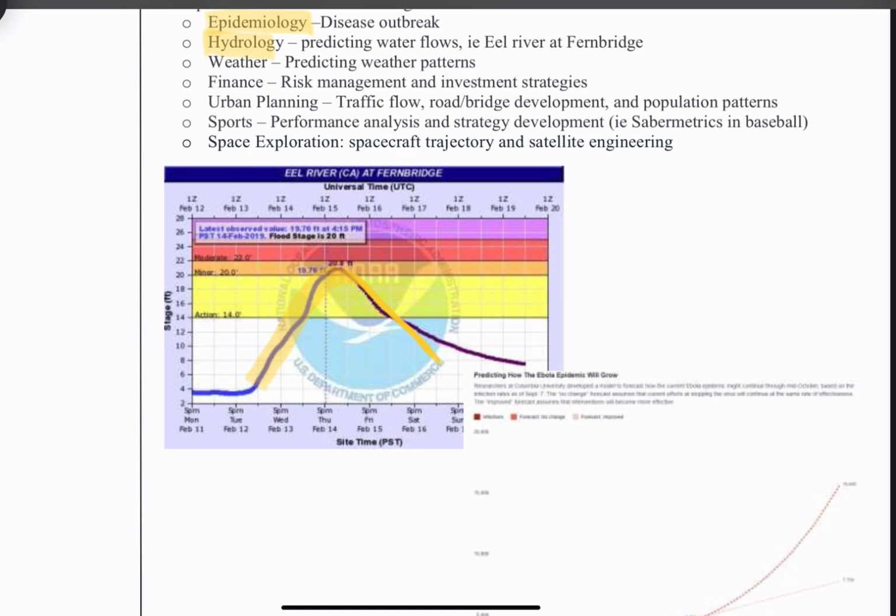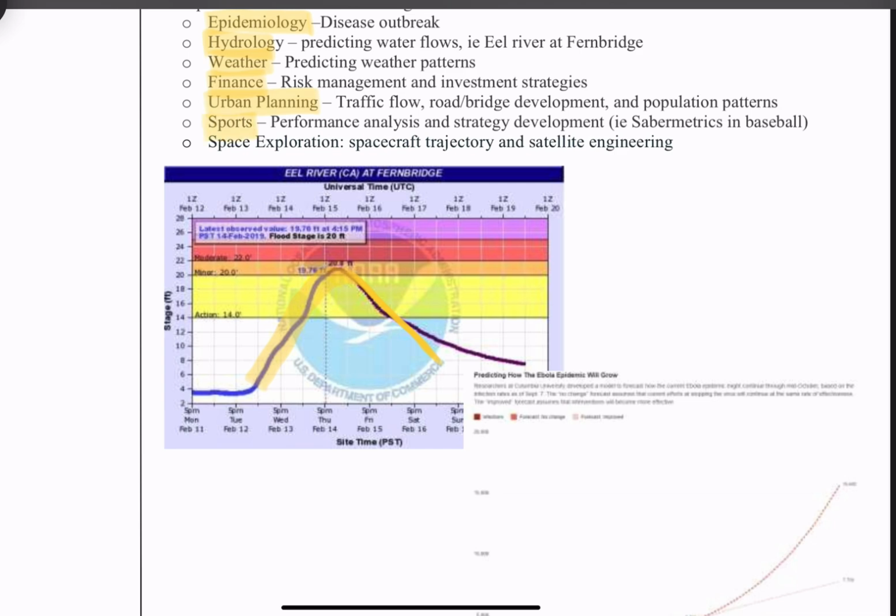Weather, predicting weather patterns. How do you think that your weather app works on your cell phone? Functions. Okay, finance, assessing the risk of certain investments for businesses as well as for individuals. Also looking at investment strategies. Urban planning, where is traffic? How can we better build our infrastructure to alleviate some of that traffic or to make it easier for people to get around town?